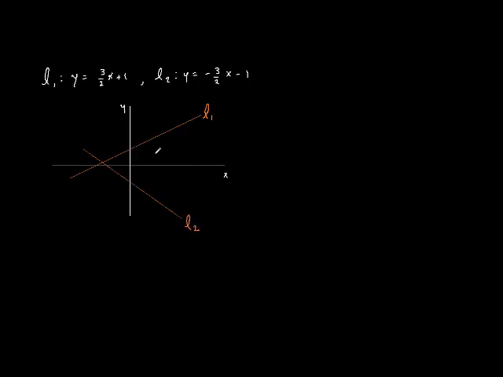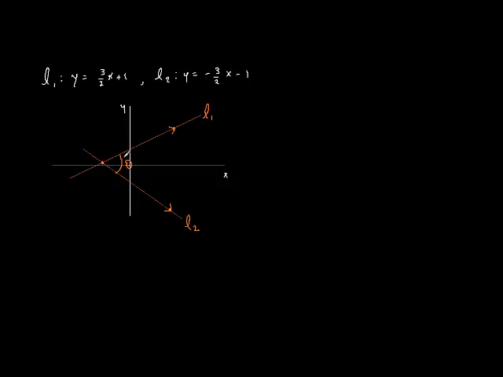Now the question is, what is this angle here formed between the two lines? The way I'm going to go about this is find this point of intersection. Then I'm going to find another point on one line, another point on the other line, form vectors, and find the components of these vectors.